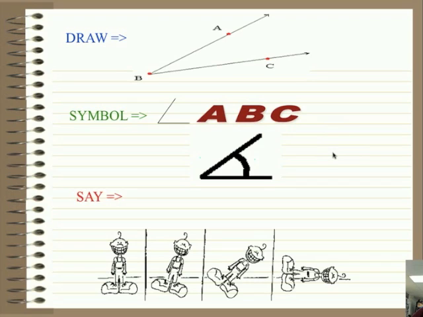So the way we say it is simply we say angle ABC. Now you can also flip the 2 letters A and C around, but you cannot flip B. B has to stay in the middle if that's the one that's identified as your vertex. But you can have angle ABC, angle CBA, excuse me, for what you can write down.